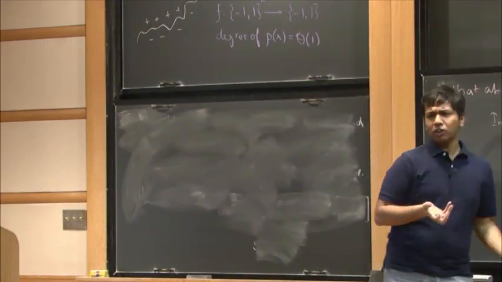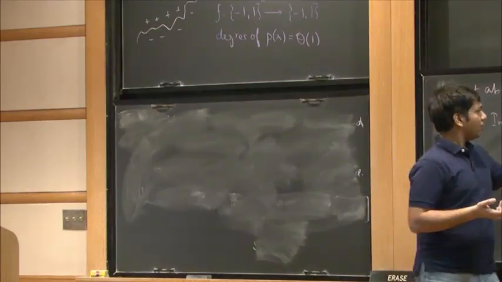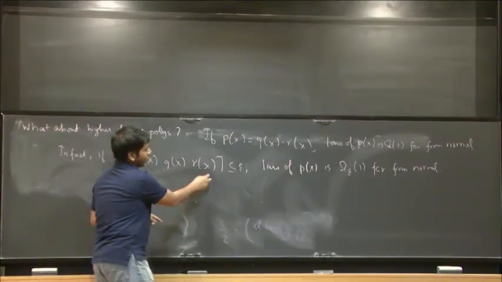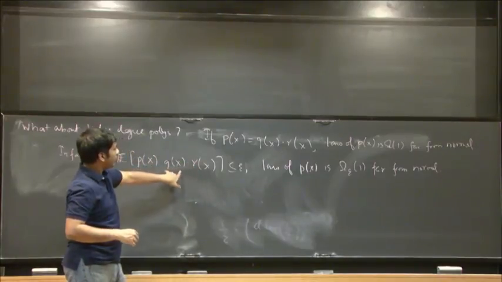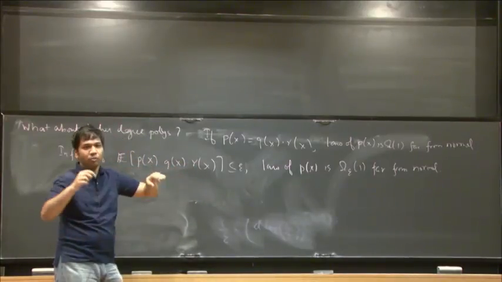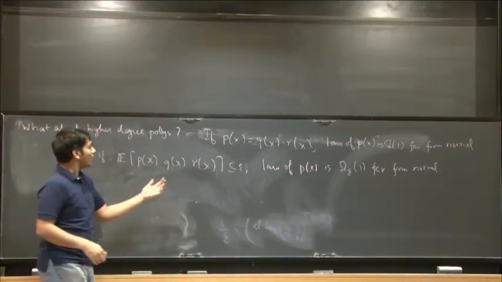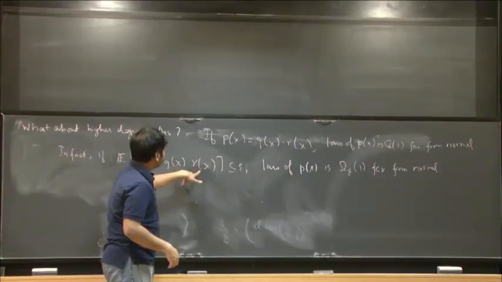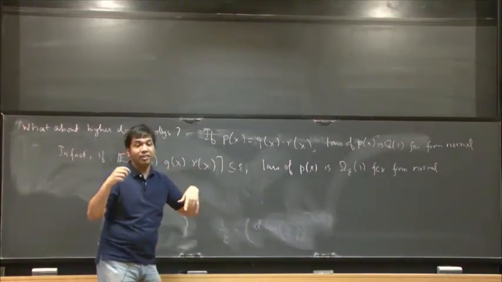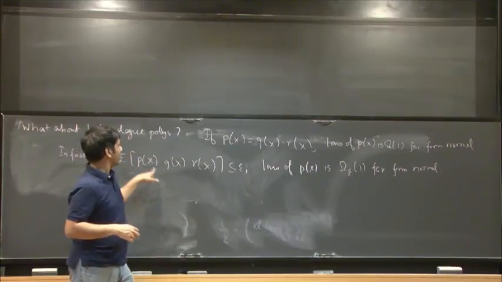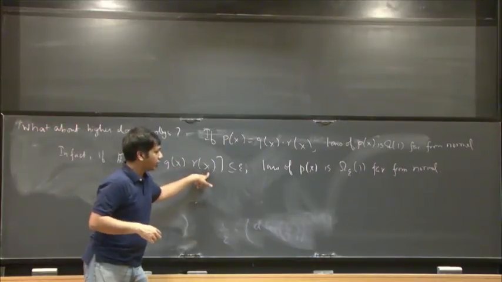In fact, a robust version of this statement is also true: if P(x) correlates very well with Q(x) times R(x), where Q and R are both of degree greater than 0, so they are not constants, and the degrees of Q plus R equals the degree of P. And we are normalizing everything, so the variance of P is 1, the variance of Q is 1, the variance of R is 1.